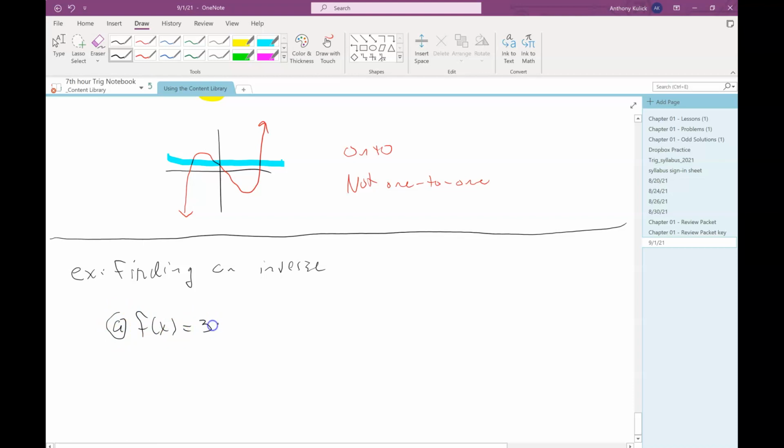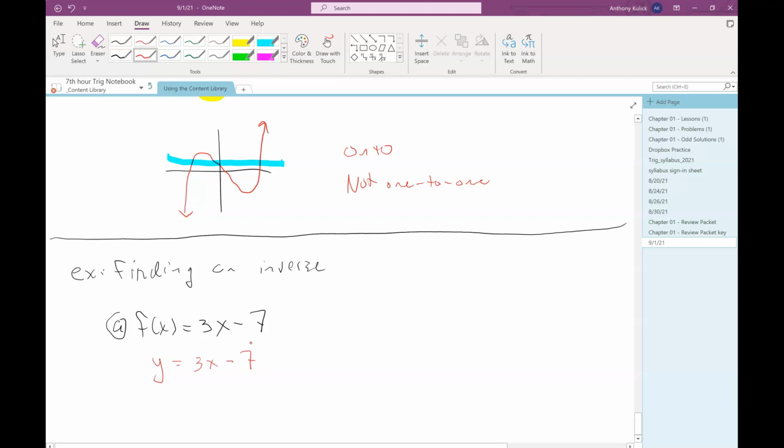So let's say we have this function, and we want to find the inverse for it. The process I'm going to use is to rewrite this as y equals. So I'm going to take it out of function notation.